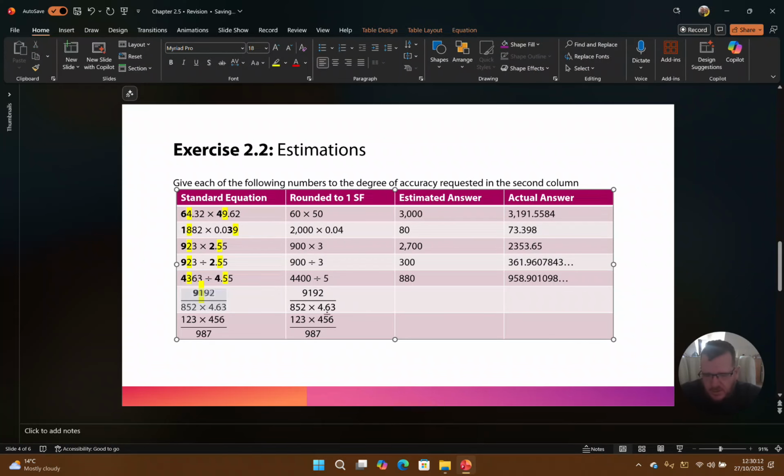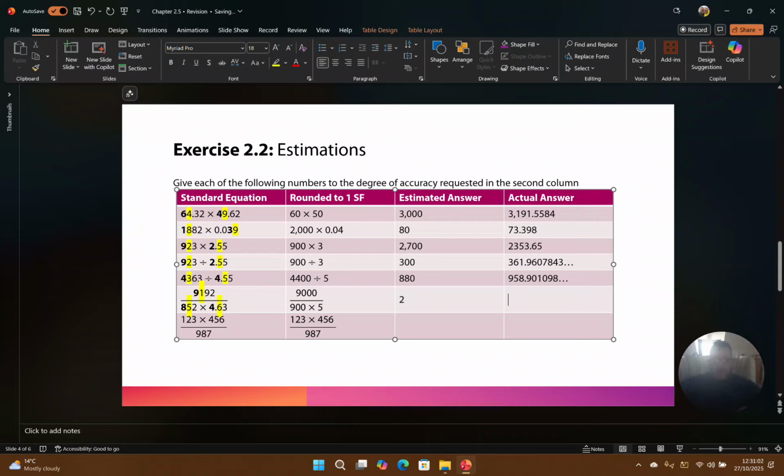That becomes 9,000 over that is 900 times that 900, and that 4.63 becomes a 5. And 9,000 over 4,500 is 2.